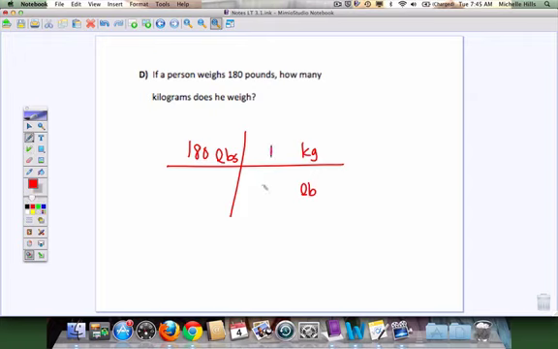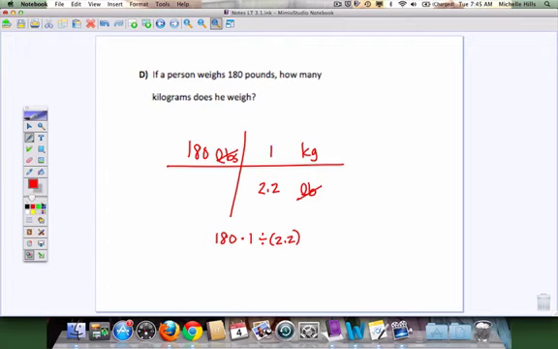The unit pounds cancels. You do need to show me that. I'm going to take 180 times the 1 and then divided by the 2.2. Again, the times 1 isn't going to change the value of anything. I'm just showing you that anything in the numerator you would multiply and then divide by anything in the denominator.